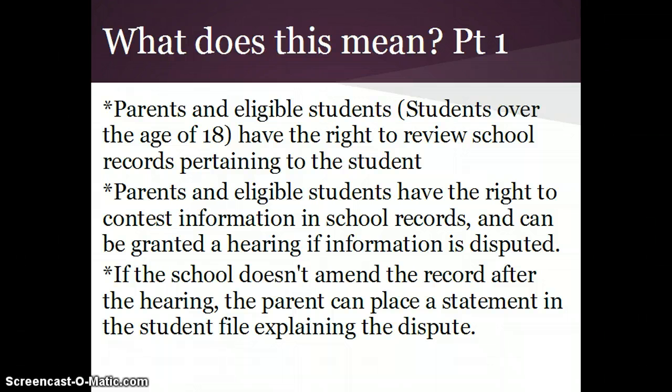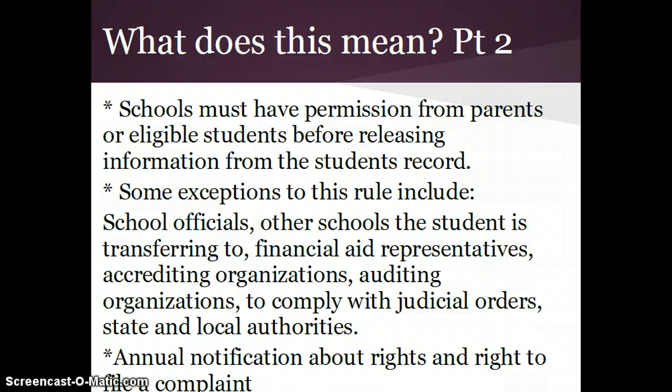And if after the hearing the information was still in there, the parent would be allowed to place a statement in the student's file explaining that particular dispute. Also, schools must have permission from parents or eligible students before releasing information from the student's records. Exceptions to this would be to other school officials that have a legitimate reason to see those files.